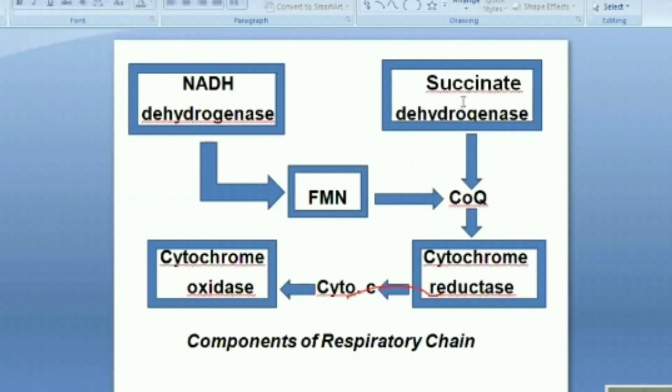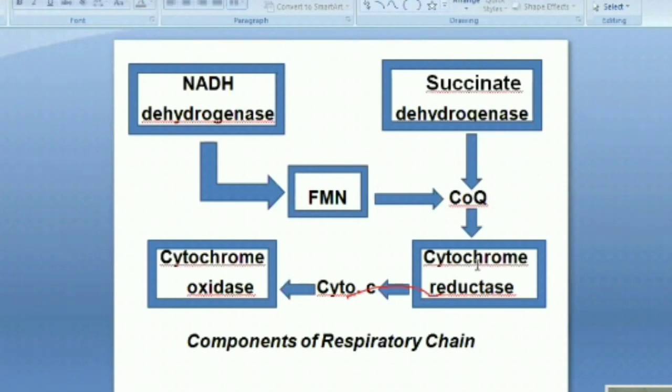Okay, and we mentioned the succinate dehydrogenase. Its coenzyme is FAD, flavin adenine dinucleotide. From FAD, the reducing equivalent moves to coenzyme Q. It does not split the reducing equivalent. The reducing equivalent is split in coenzyme Q. Then it transfers it to cytochrome reductase.